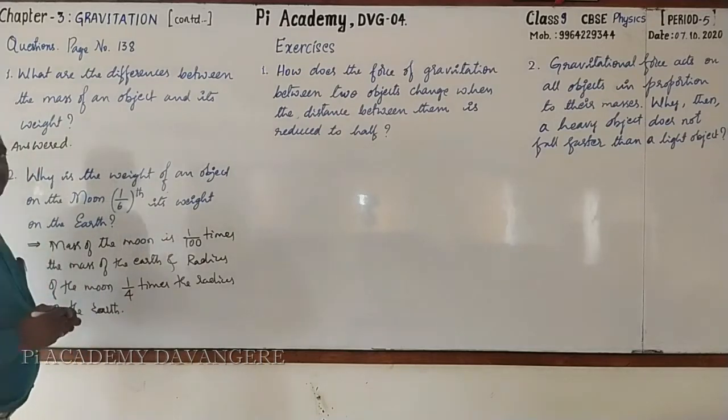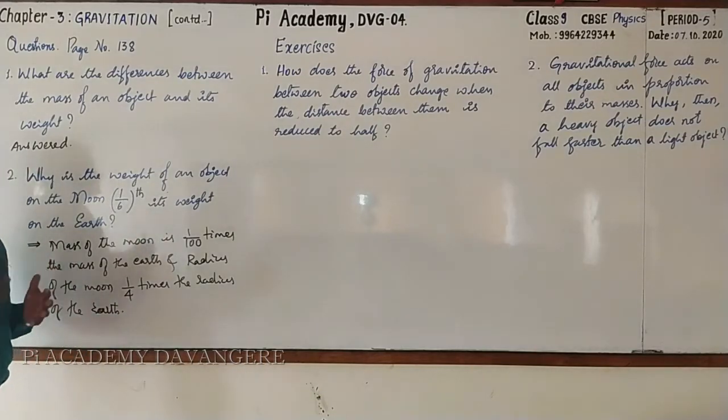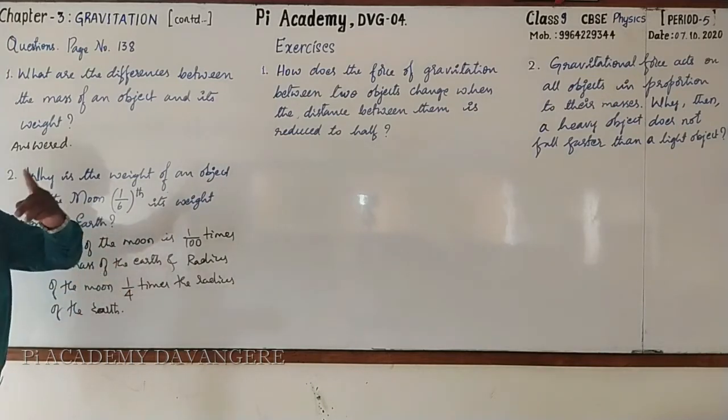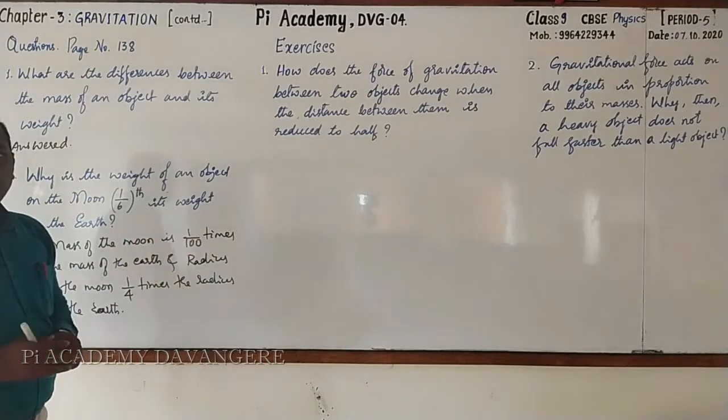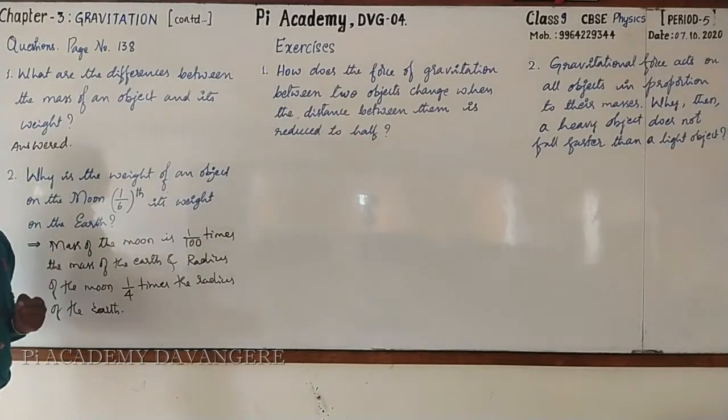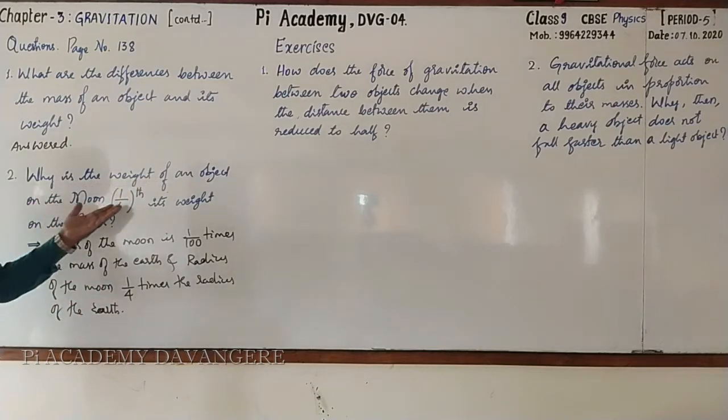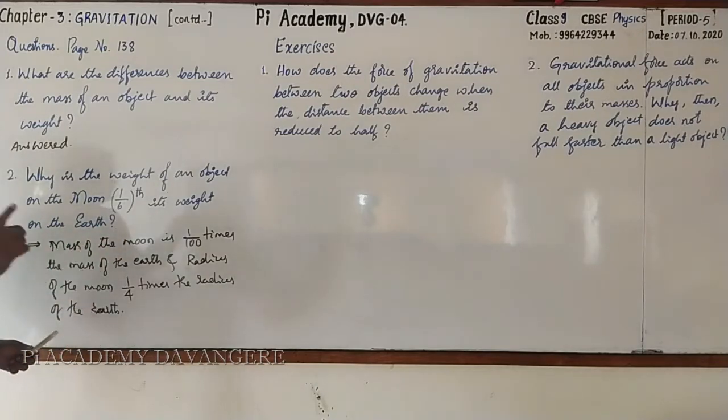Due to this, the acceleration due to gravity on the surface of the moon is 1/6 times the acceleration due to gravity on the surface of the earth. Therefore, weight of an object on the moon is 1/6 its weight on the earth. So the further calculation should be done by yourself, which has already been done in the previous problem itself.